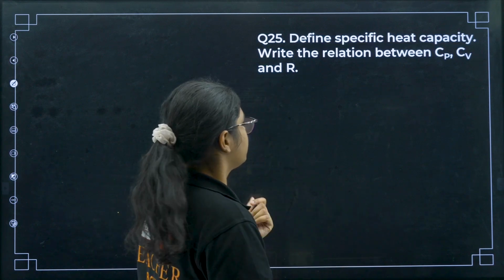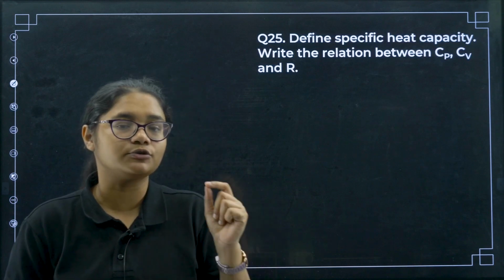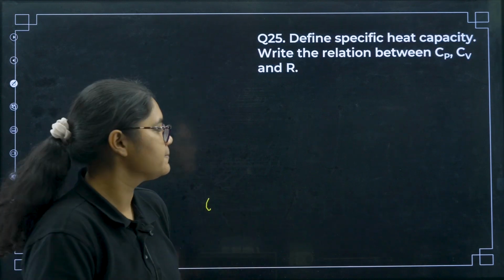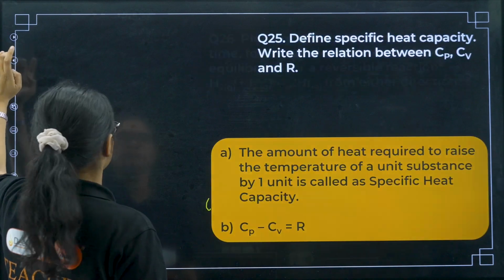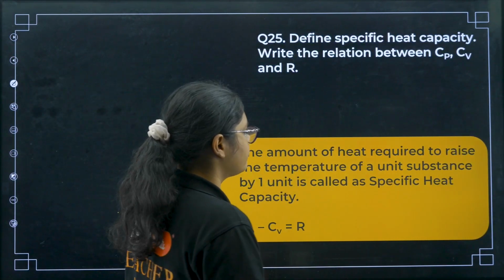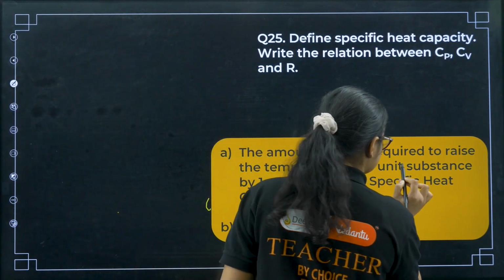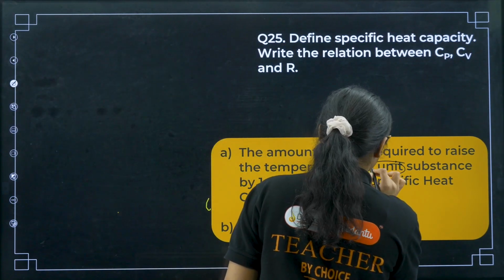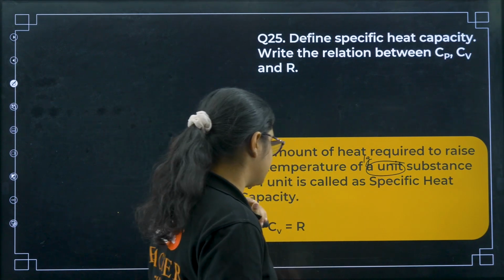Then the relation between Cp, Cv and R: Cp minus Cv is equal to R, but here also you should mention the terms. So the answer: the amount of heat required to raise the temperature of 1 gram of a substance by 1 unit is called specific heat capacity.